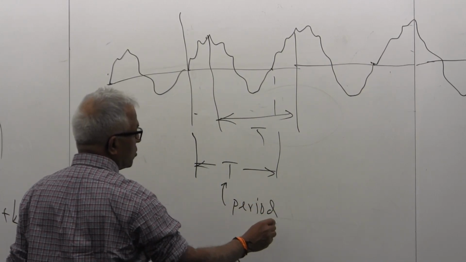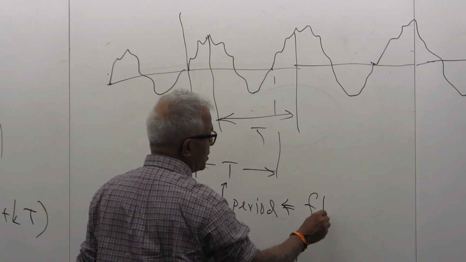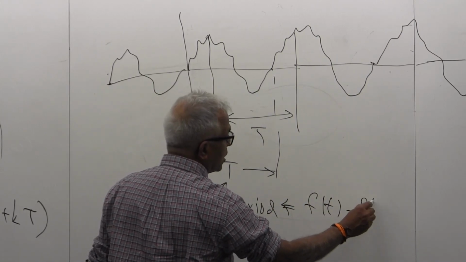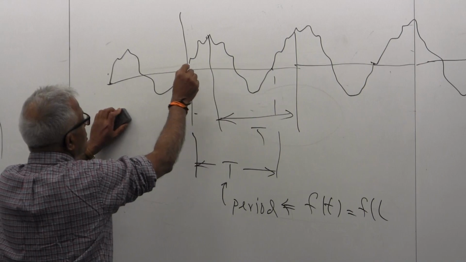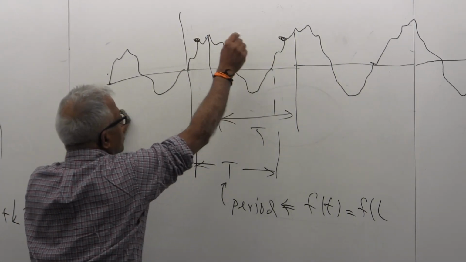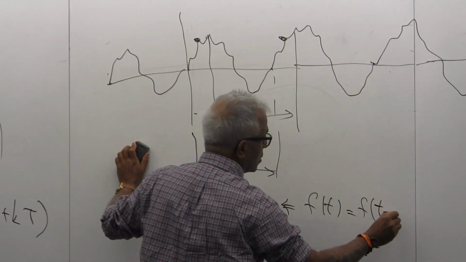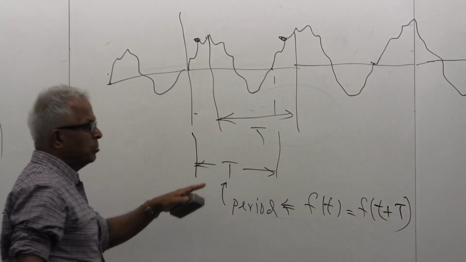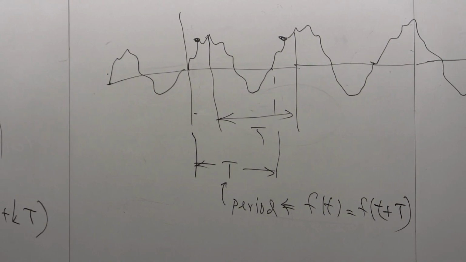What is the definition of the period? f(t) is such that if you push the signal by T, you come back to the same value, or by multiples of capital T. That capital T is known as the period. This is called a periodic signal.